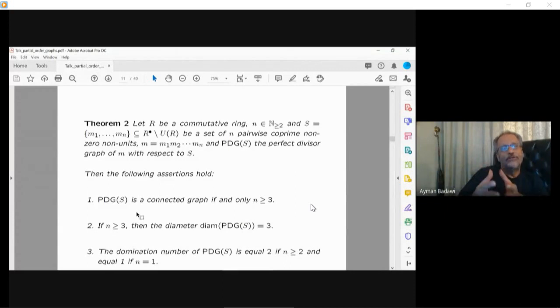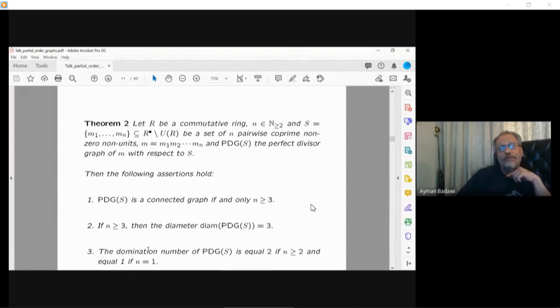There are many dominating sets, but we're looking for the domination number to be the minimum number of vertices in a set so that every vertex outside the set is connected to at least one vertex in the set by an edge.